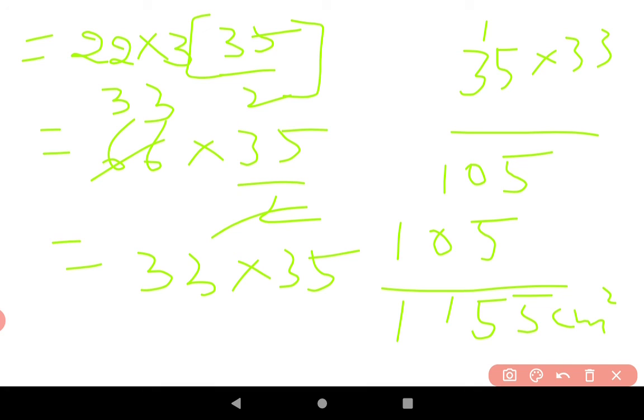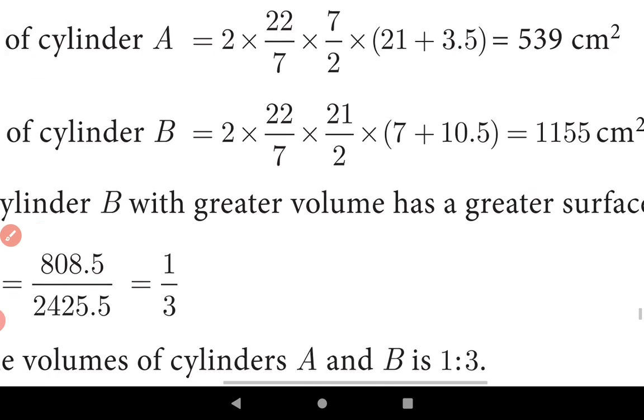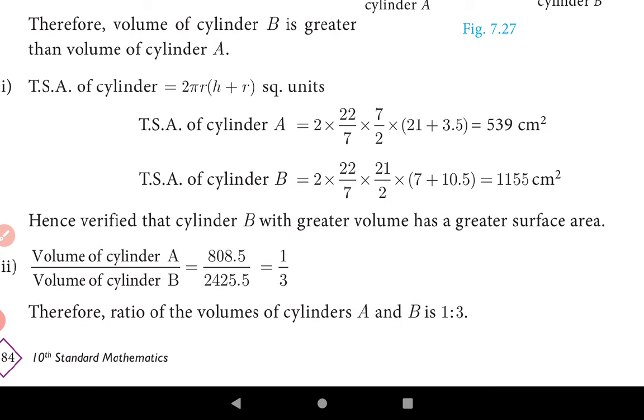So from these findings we can come to the conclusion that the cylinder B has a greater volume and also greater surface area.